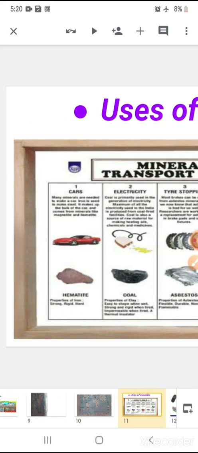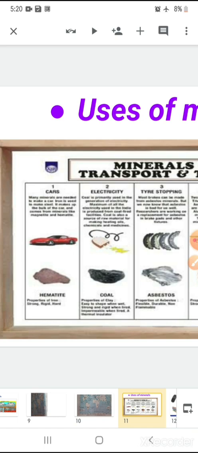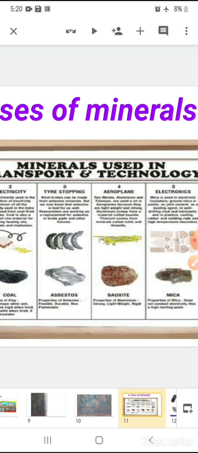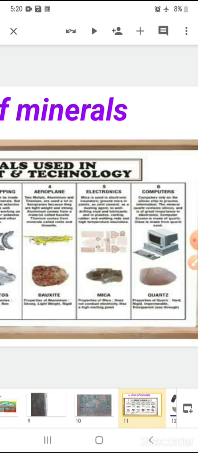See, they are used in cars, for which hematite is used; electricity, coal is used; tire stopping we need asbestos; bauxite we need for aeroplane; electronics we need mica; and computers we need quartz. So there are different minerals which serve us the purpose of different kinds and in different methods. Fine children.